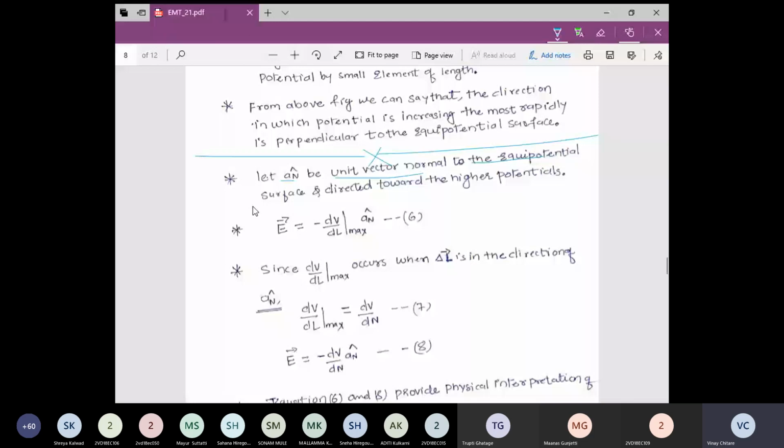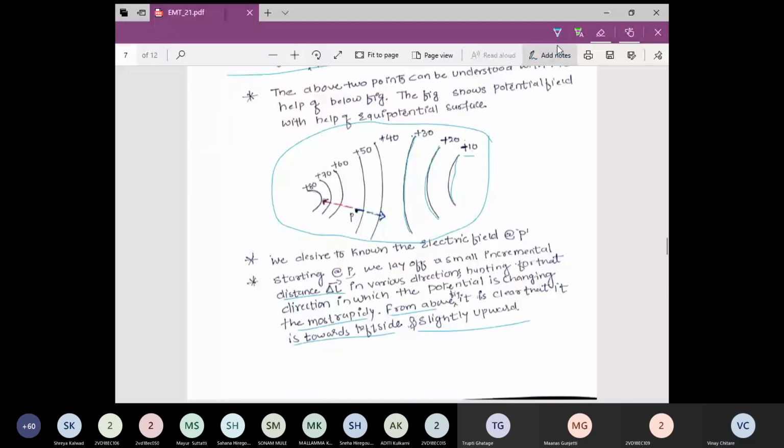Because on an equipotential surface, if you try to go in this way, the potential difference will be zero, because at all these points on the equipotential surface, the potentials are the same.